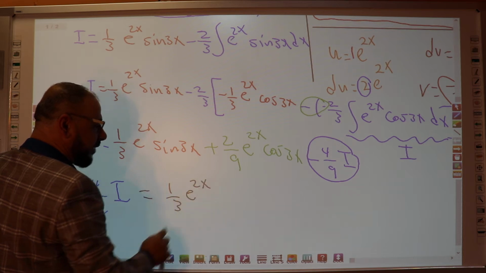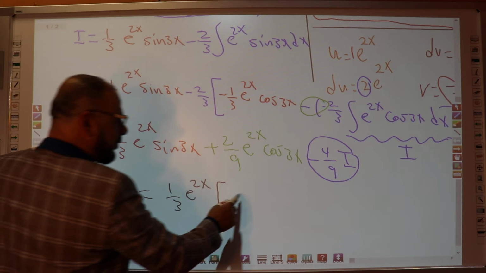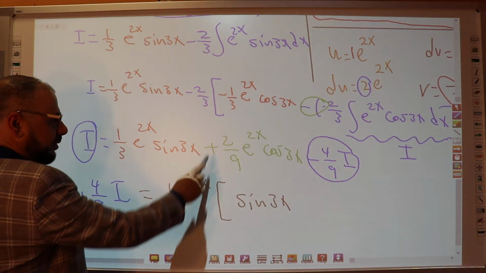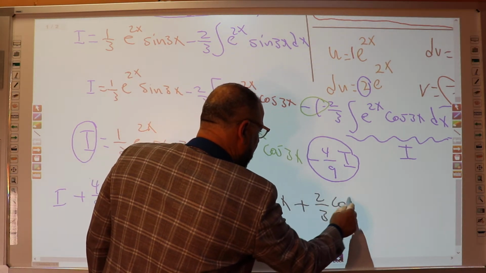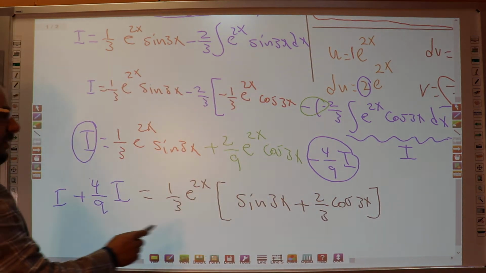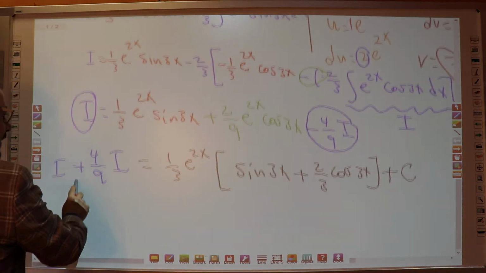I'm going to take it as a common factor. 1/3 e to the 2x left sine 3x plus 2/3 cosine 3x. Now what you need, plus c, don't forget. Now just fix this guy here.